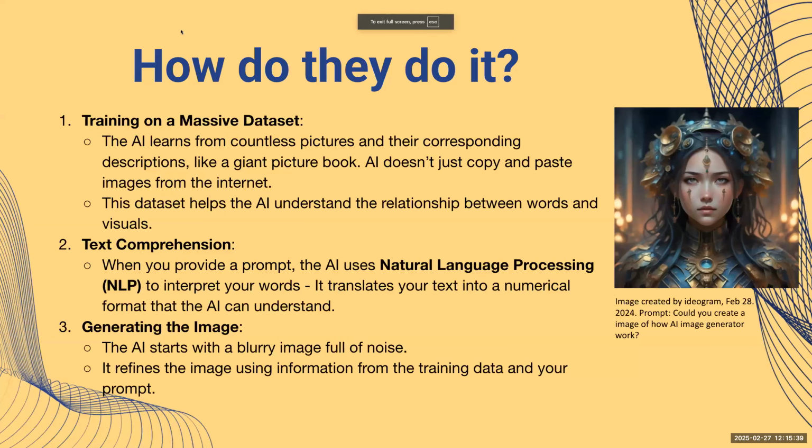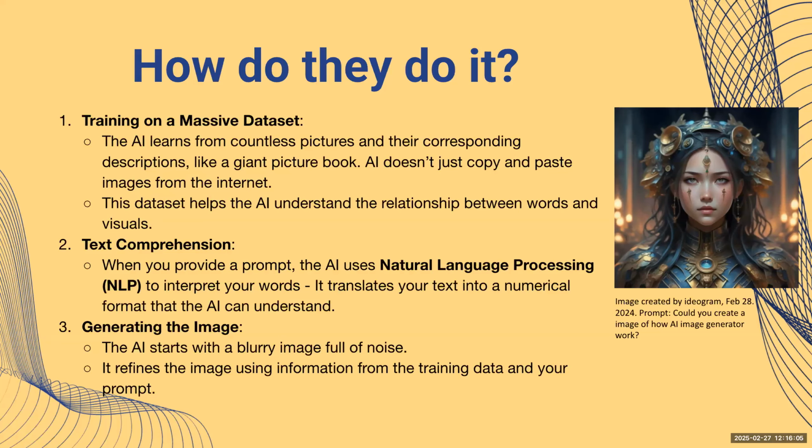Let me explain how this image generator works. Just like any other AI model, it learned from thousands of pictures and descriptions in a large database, and it works just like a large picture book. The AI tool doesn't copy images from the internet.